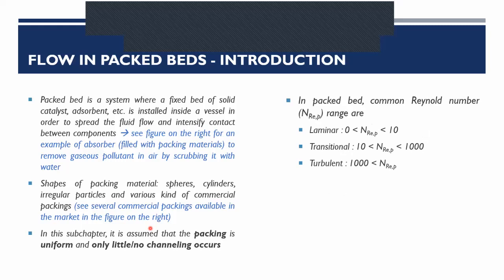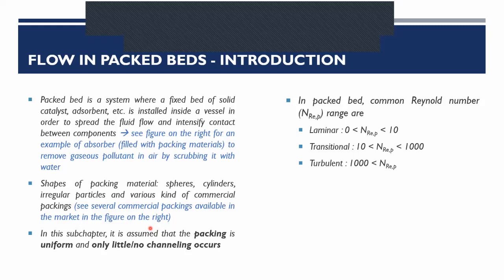In packed beds, we also have a common Reynolds number, which we call NREP. If the Reynolds number for a fluid flow is NRE, and for the particles immersed is also NRE, with a different equation, for packed bed we call it NREP.